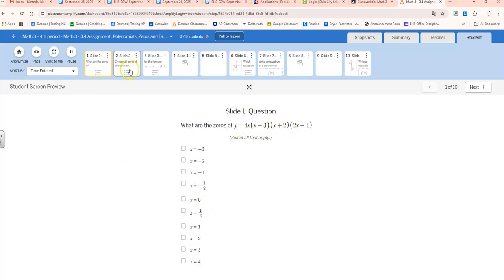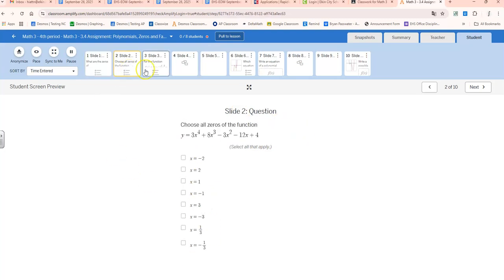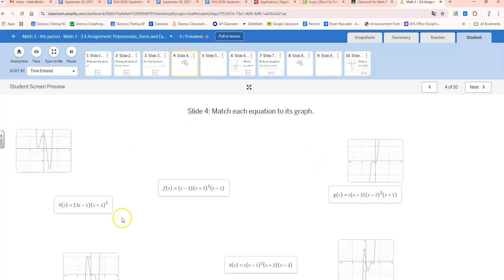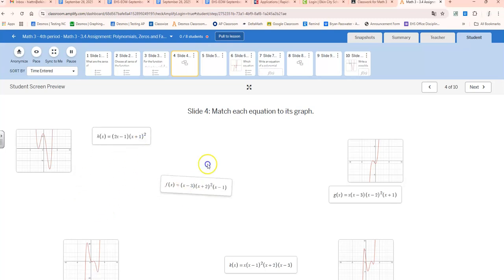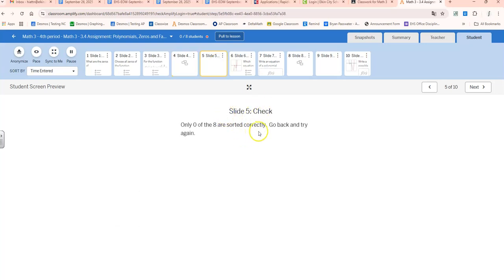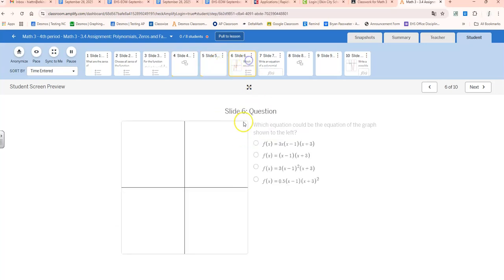You'll check the ones that are correct. There's several questions like that. This asks you specifically what types of zeros that a function has. So, you'll have a few matching where you have to match the function to the graph there, and then the next slide will check it for you to see if those are correct.